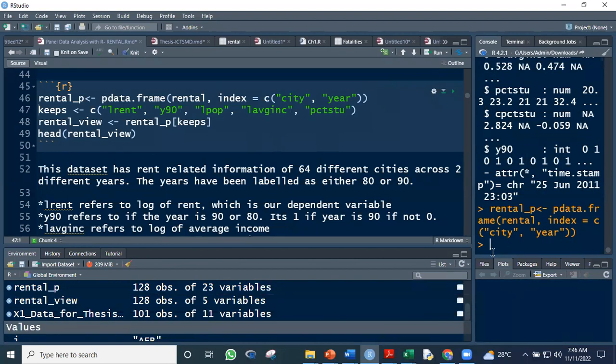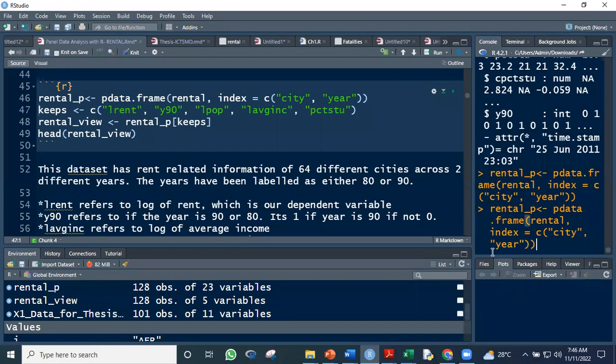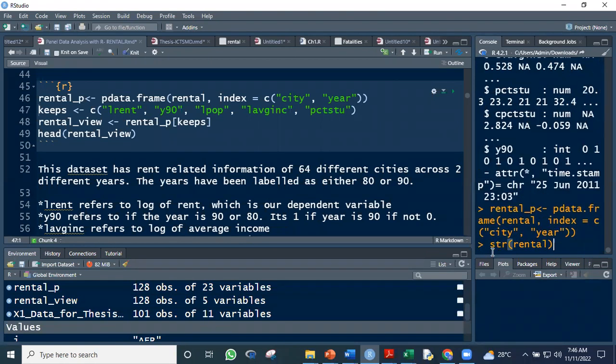And then if I once again run the structure, so where's the structure here? Structure of rental.